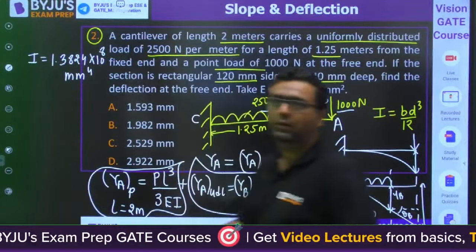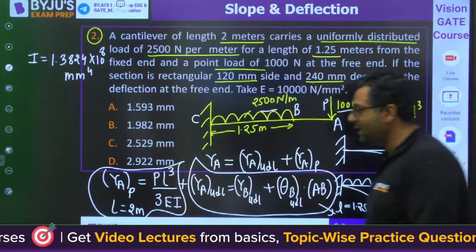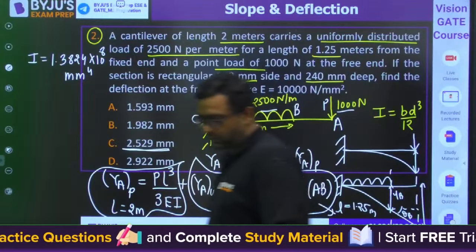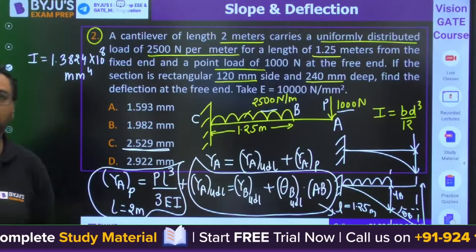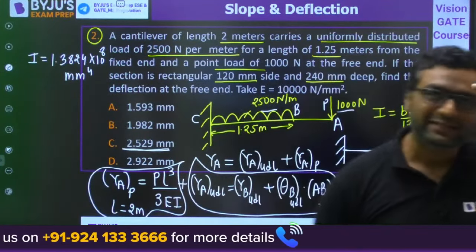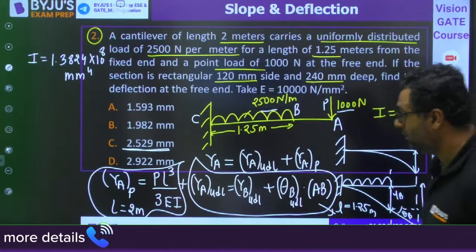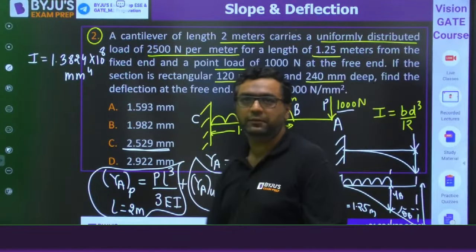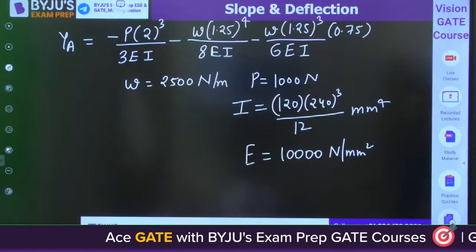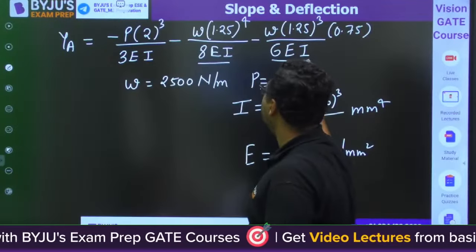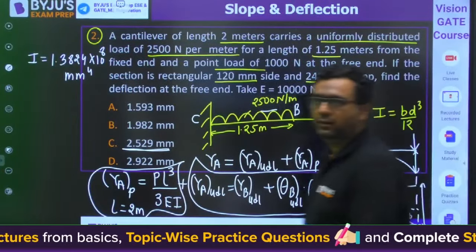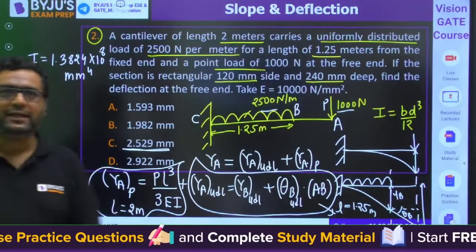This is the I value. So Sumit said the answer is C. Please check whether it is correct or not. It may not be correct. Vineet is saying A is the answer.